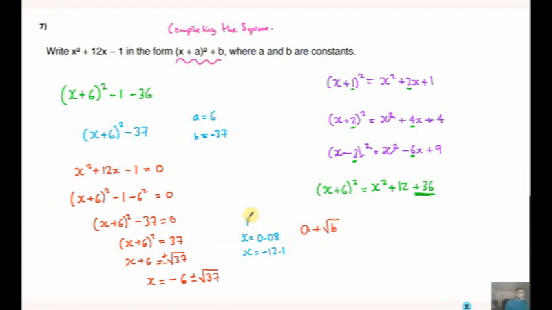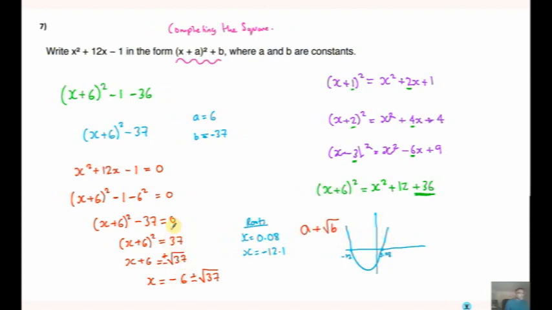Remember these are the roots of the equation, so at 0.08 and minus 12.1, that's what my graph will look like.